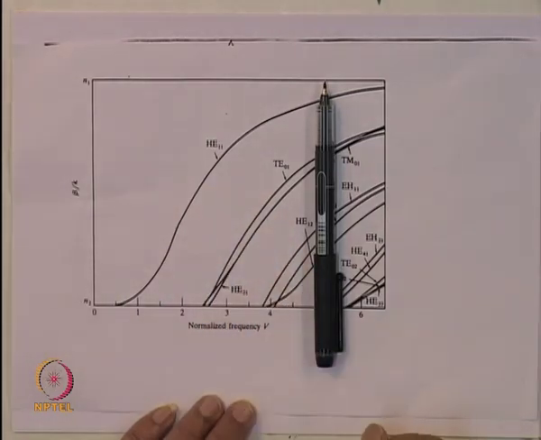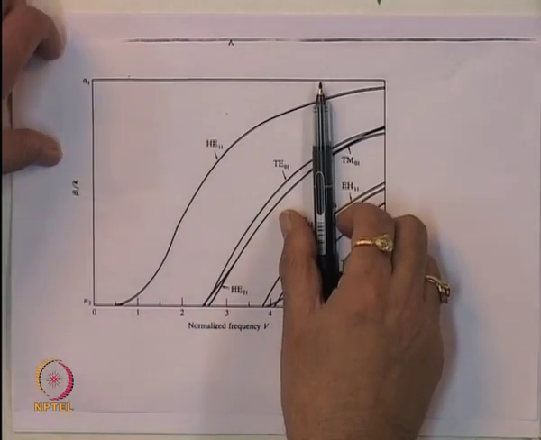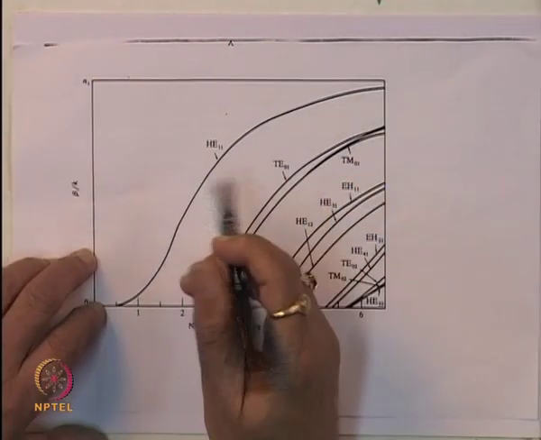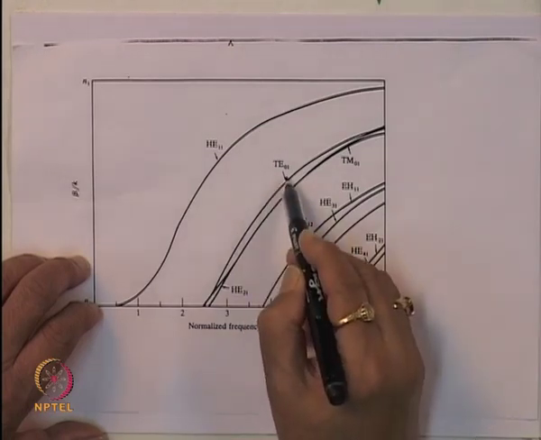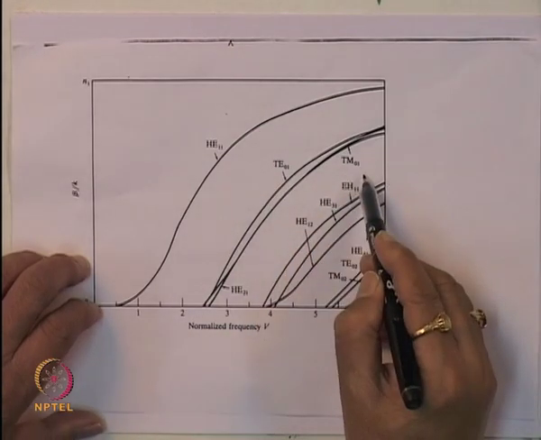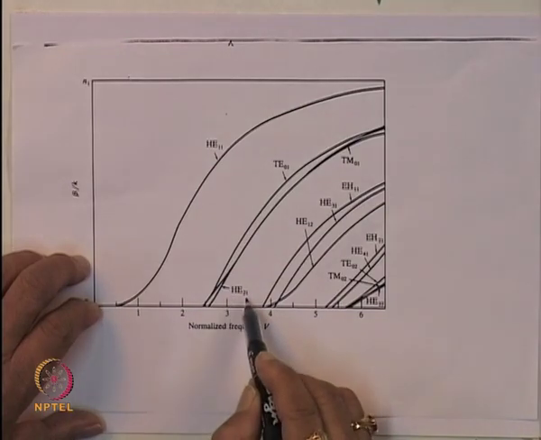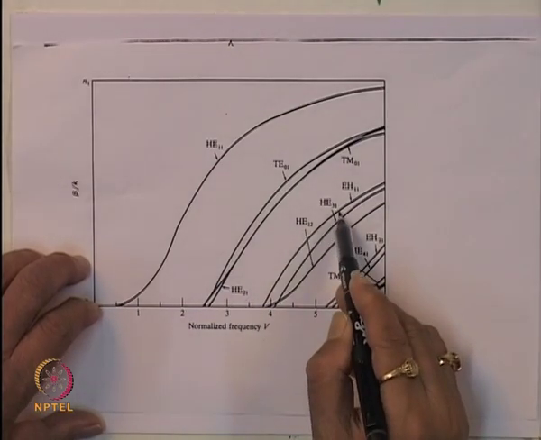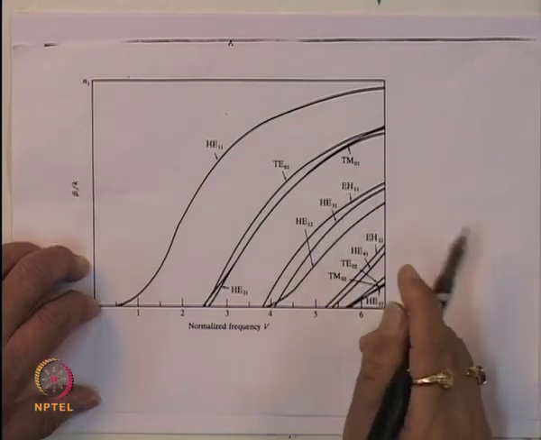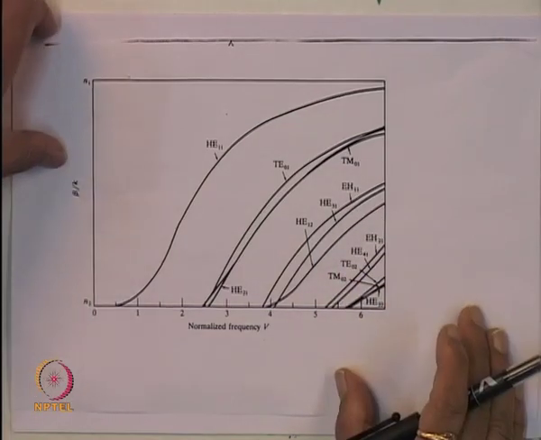So, let us jot down the modes which are going to propagate inside this optical fiber. As you can see here, this mode is the HE11 mode, then you have a TE01 mode, then a TM01 mode, then an HE21 mode, then an HE12 mode, HE31 mode and EH11 mode. So, let us write down, from the BV diagram for V number 5, how many modes will propagate.